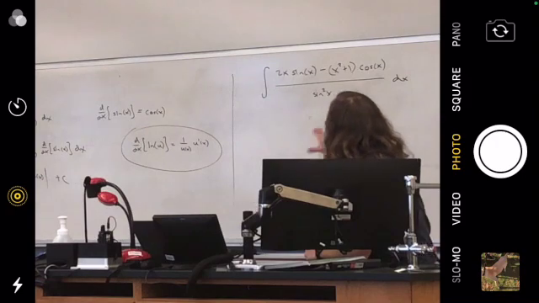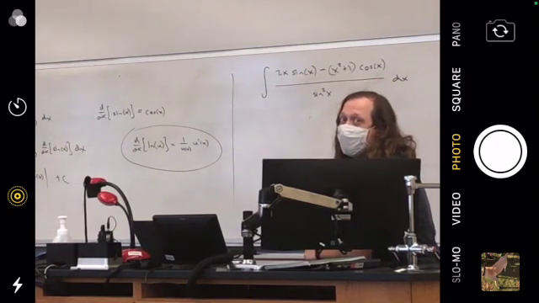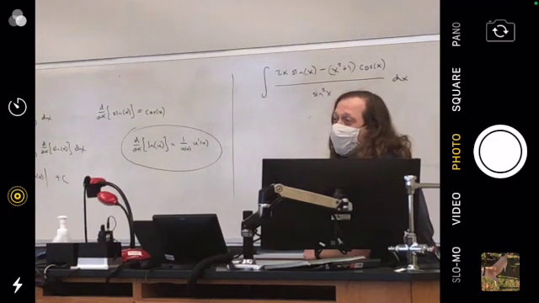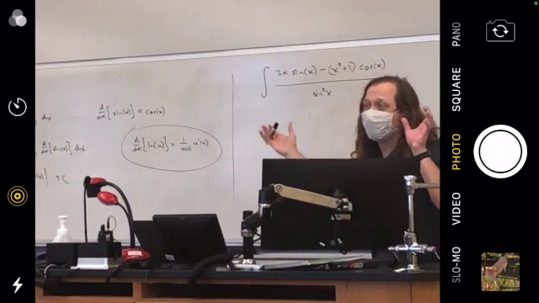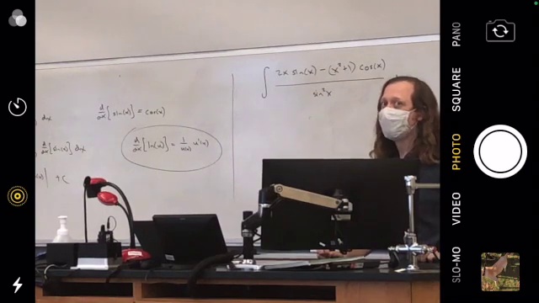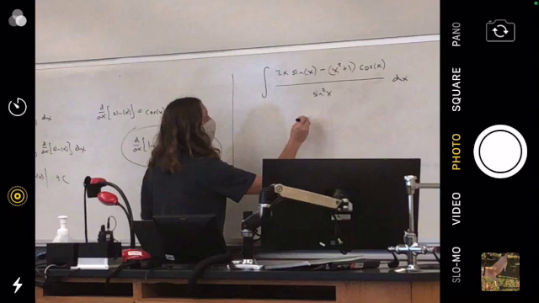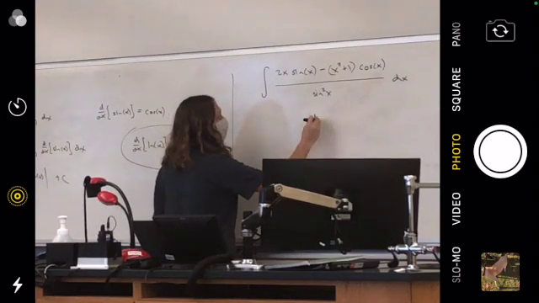I have no idea. I know this came from a derivative rule. If it came from a derivative rule, which rule does it look like it came from? Quotient rule. I have something minus something divided by something squared. That sounds like a quotient rule. So what do I notice? What's the derivative of sine of x?